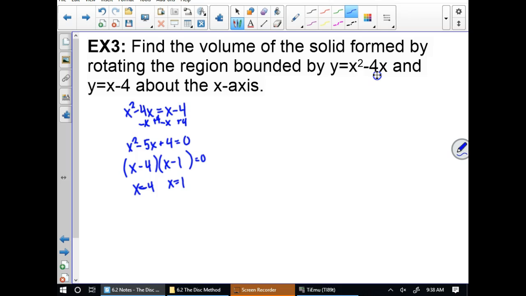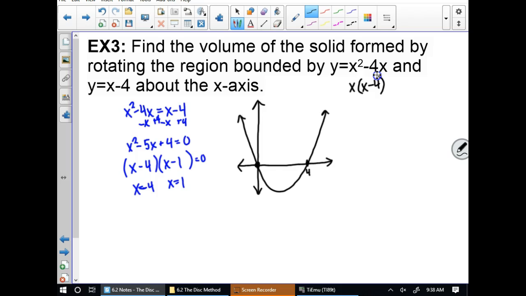So just to get a rough graph of what that looks like, this, if I factor it, is x times x minus 4. So that's going to have x-intercepts at 0 and 4. So I'm going to have something that looks like this.